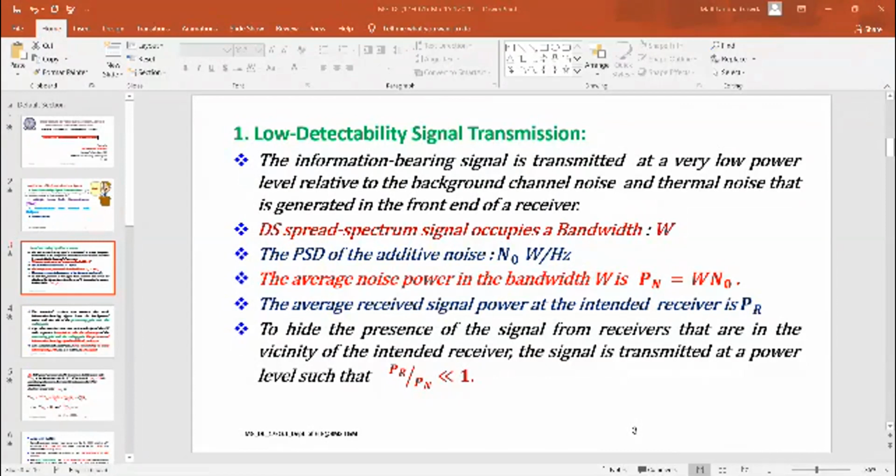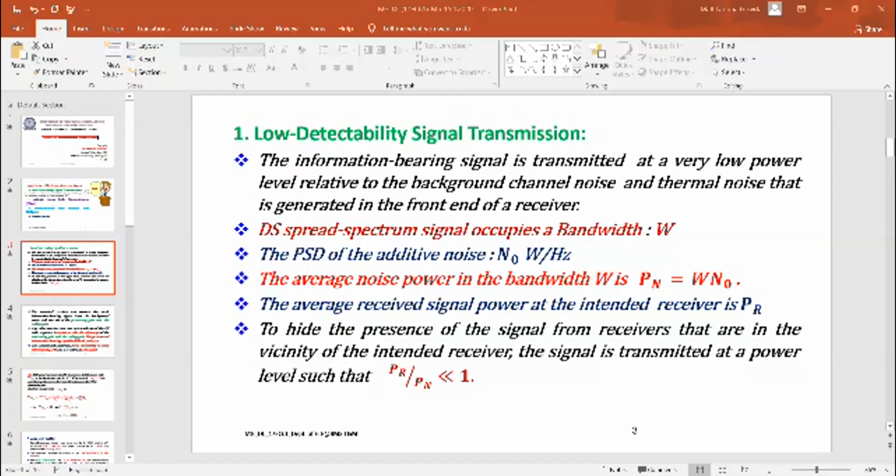Now, if we wish to hide the presence of the signal from receivers in the vicinity of the intended receiver, then the signal is transmitted at a power level such that PR by PN is much less than 1.